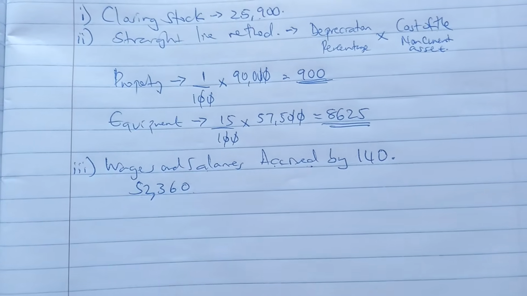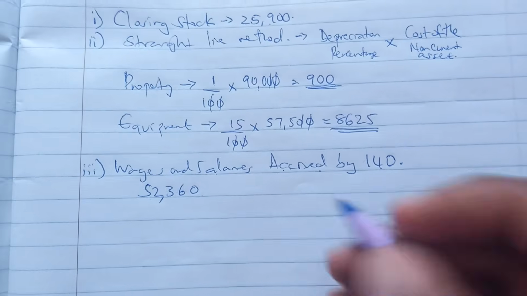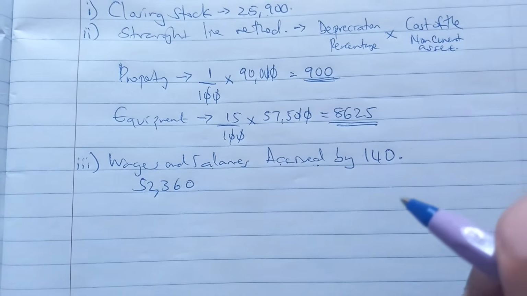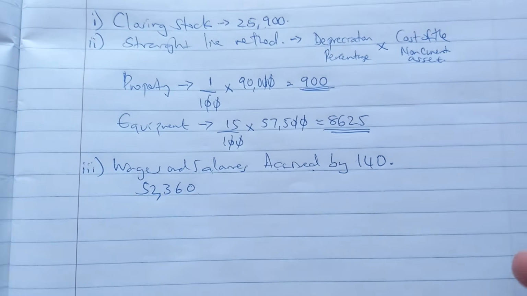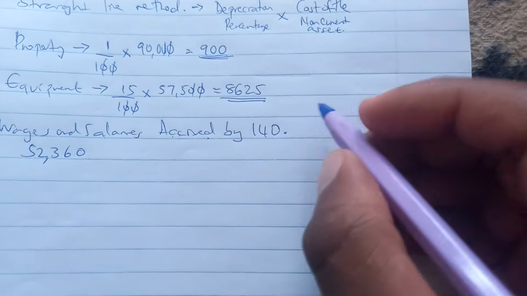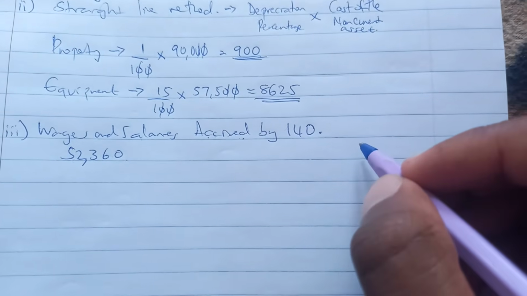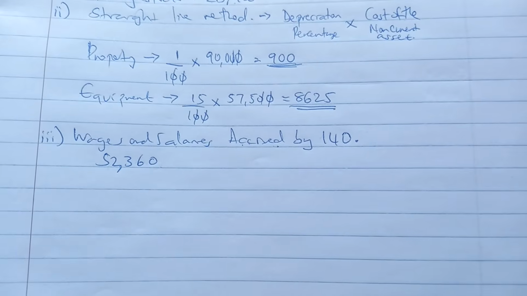It is a figure which is less. Now there is a concept that I would like to say before we continue. In an income statement, you provide figures as they should be.